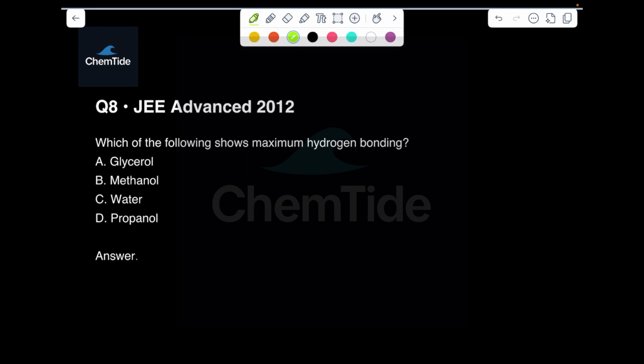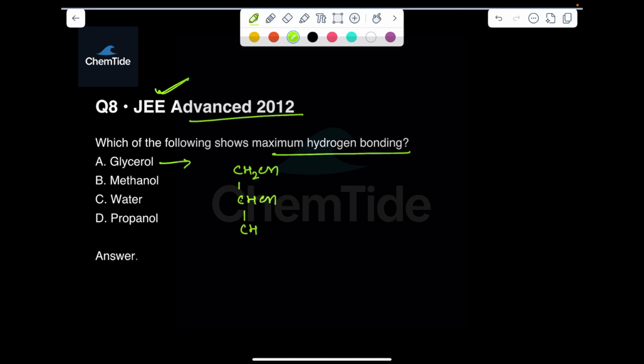Next question is the JEE Advanced 2012 question. Which of the following shows maximum hydrogen bonding? The more electronegative the element, the better the hydrogen bonding. Glycerol is CH2OH, CHOH, and CH2OH, so it might have the highest hydrogen bonding compared to the others.